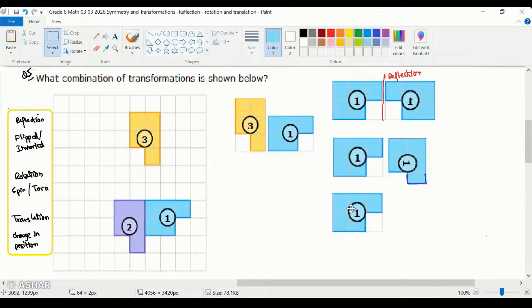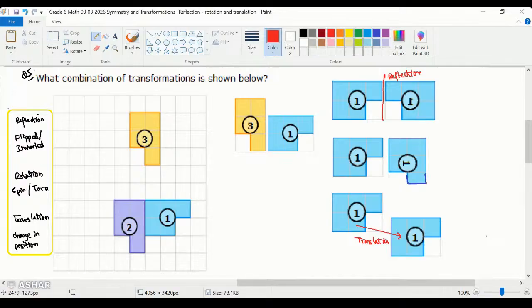If this was the shape given over here and this is the translation, this was translation. So between 1 and 2, what is happening?